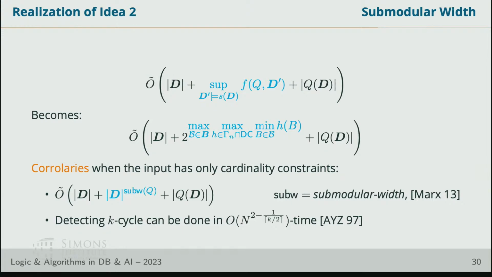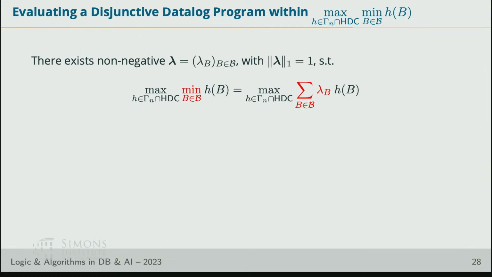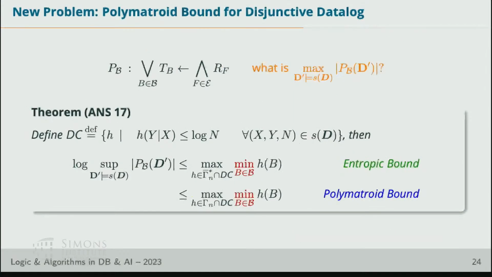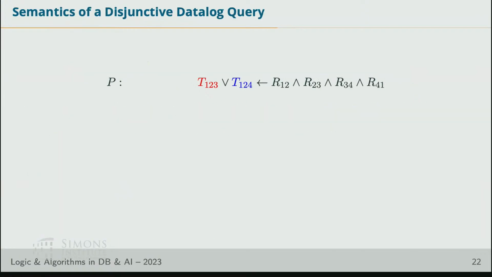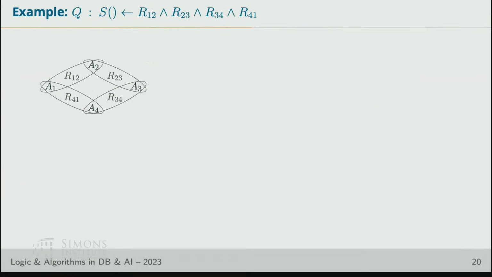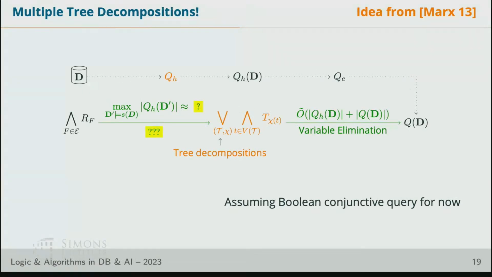It doesn't quite hold for counting, simply because in our query plan, if we go all the way back here to a generic query plan, for counting we'll have to replace this with a sum and this with a product, right? And in order for the sum and product to be correct, they have to be disjoint. You cannot overcount. If it was a sum over a product, and this product occurs in 2 different sums, then we are overcounting the output.